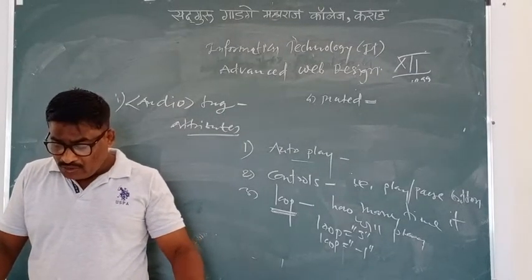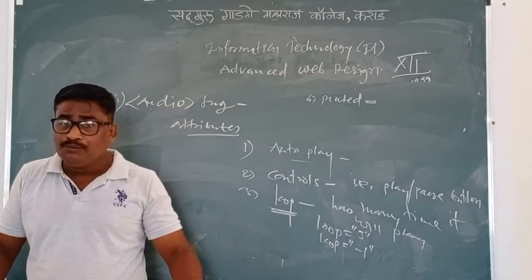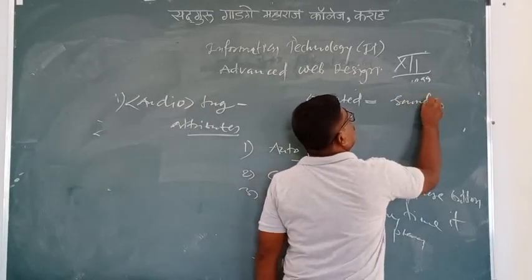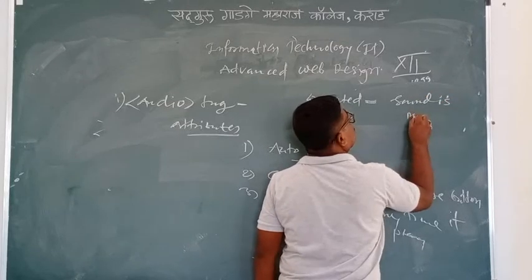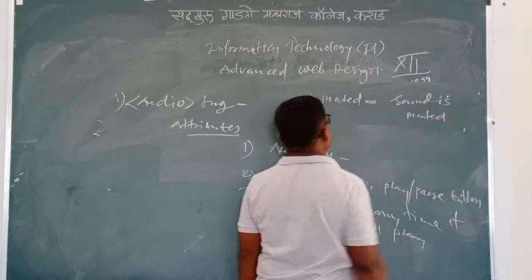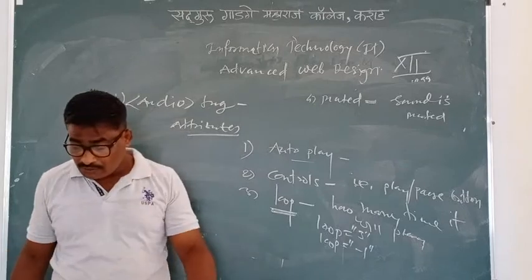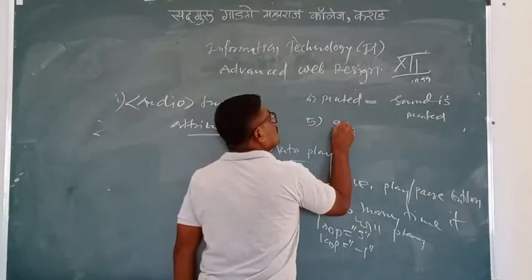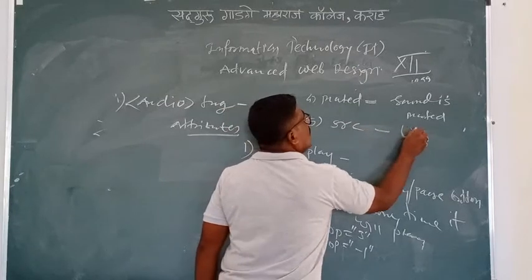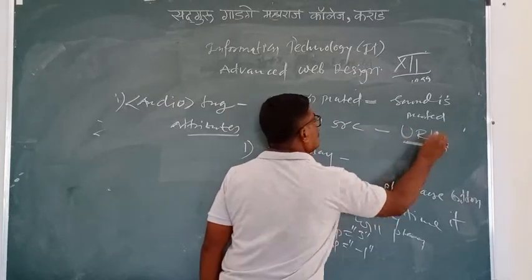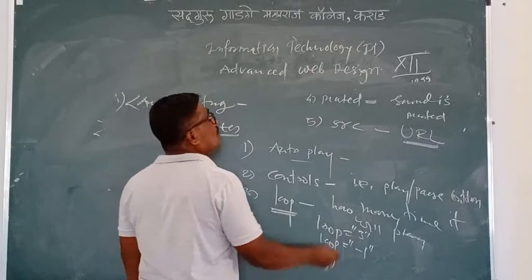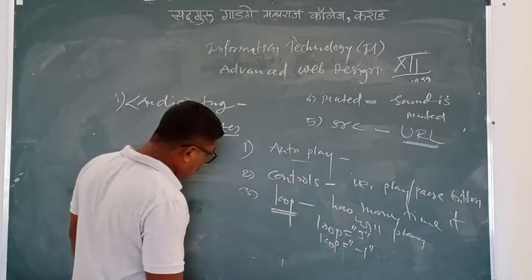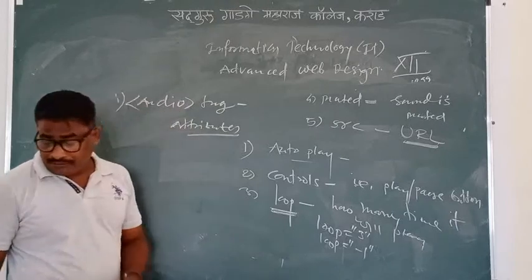It specifies that the audio output should be muted. Then src. SRC means URL, Uniform Resource Locator, or the path of the audio file. These are the 5 attributes of the audio tag.